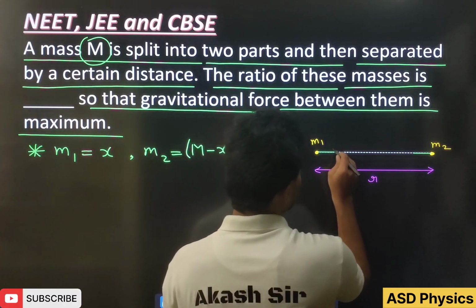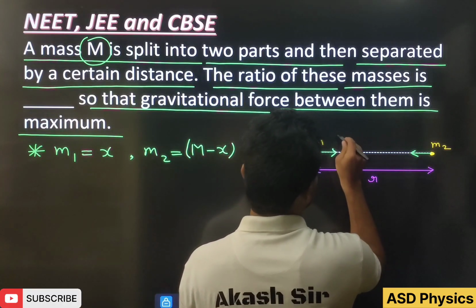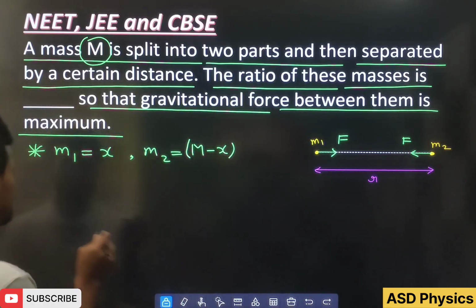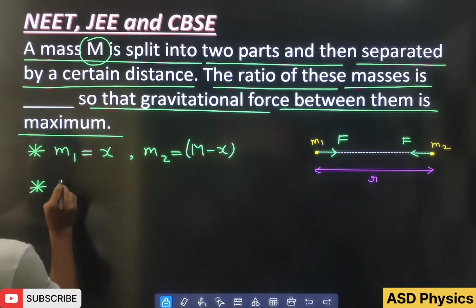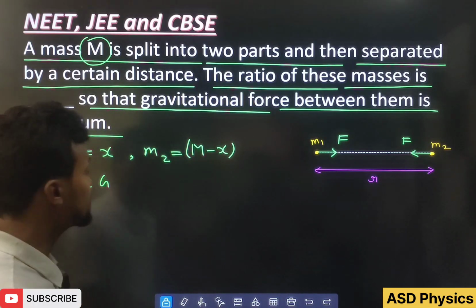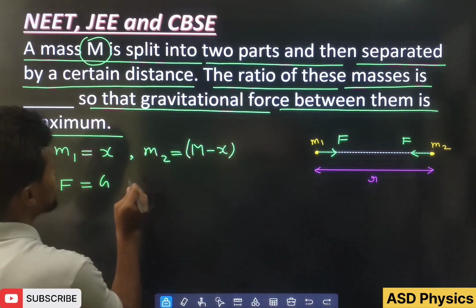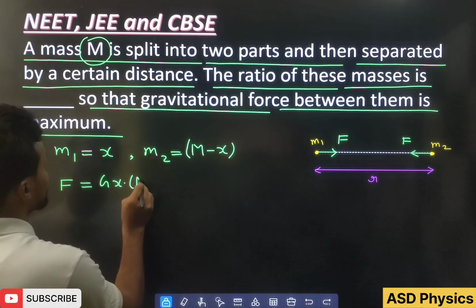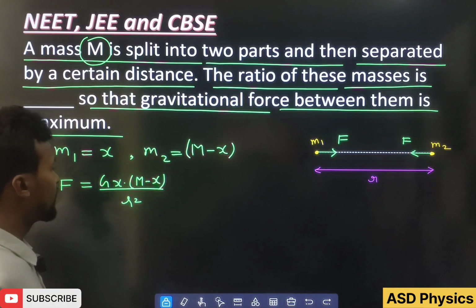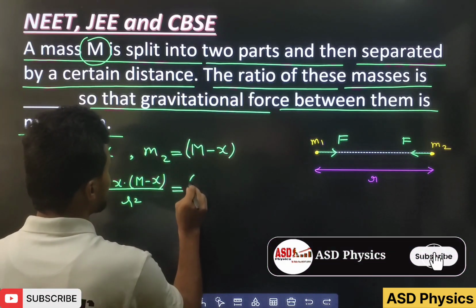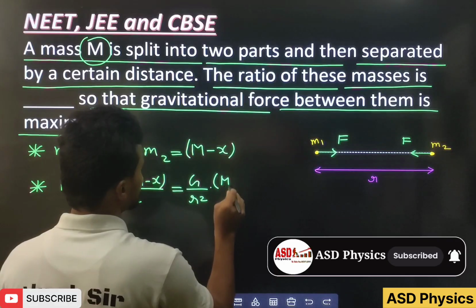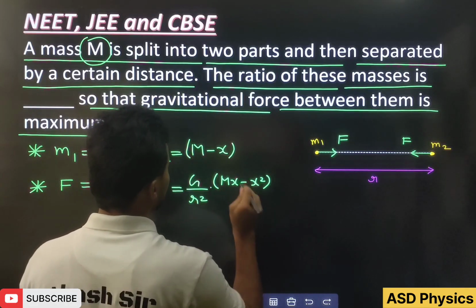Anyhow, an attractive force will be there, a central force along the line joining the masses. So F is there. Now the gravitational force: F equals G times the product of the masses M1 M2, that means X into M minus X, by R square. Multiply inside: G by R square, X goes inside, so this becomes Mx minus X square.